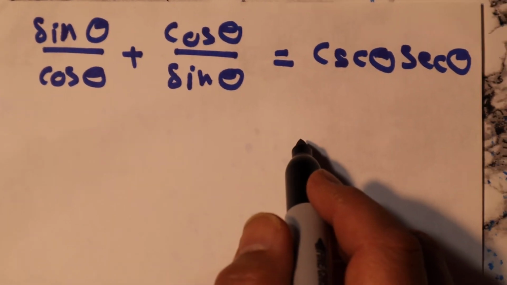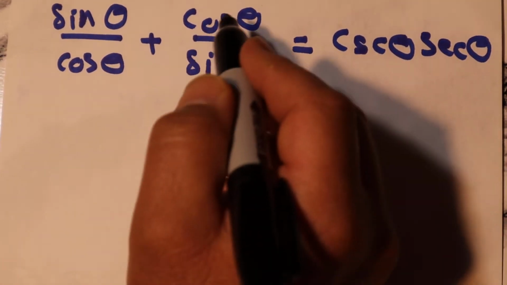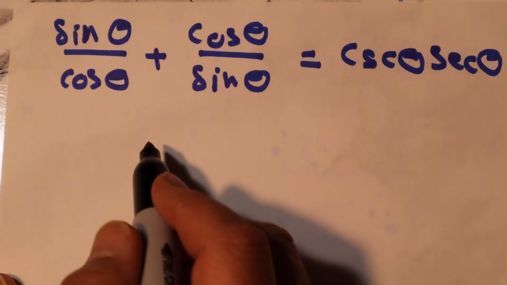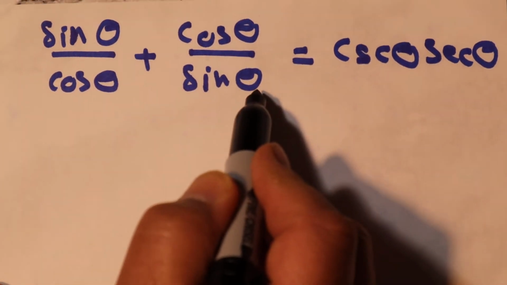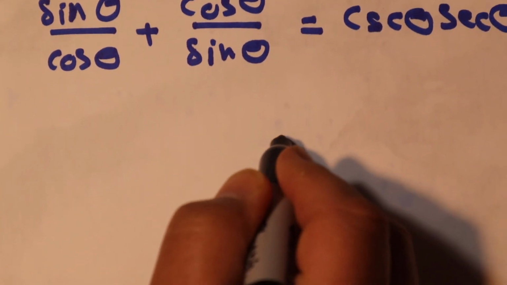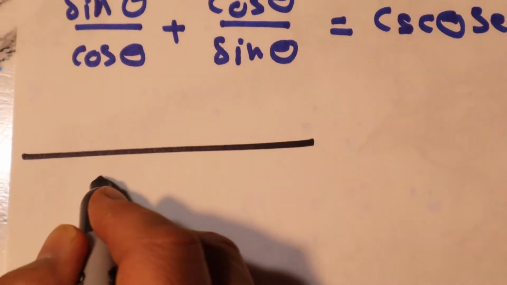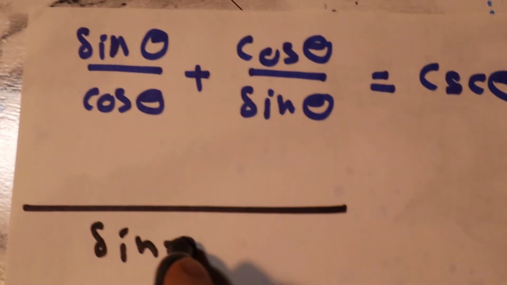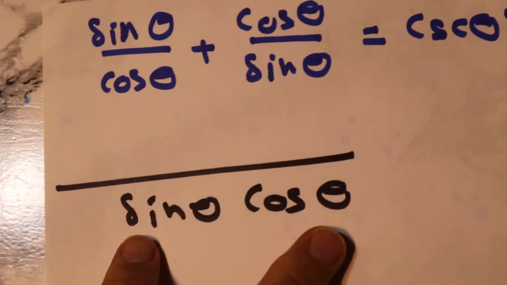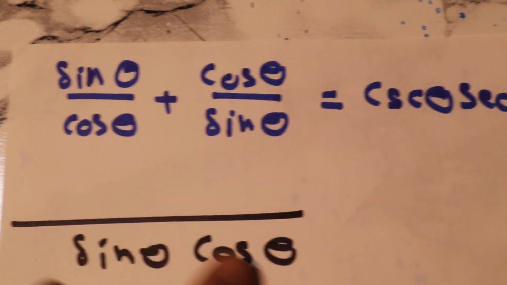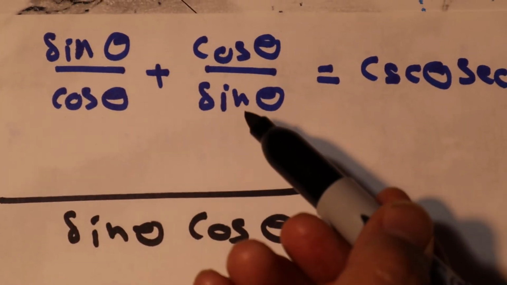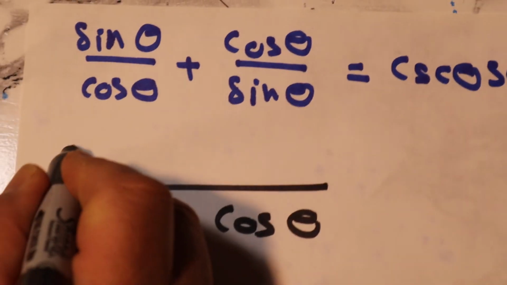Don't panic. Sine over cosine plus cosine over sine. First is to have a common denominator. Common denominator is sine times cosine. Then you divide sine cosine by cosine, cosine cancels, sine left, sine times sine is sine squared.